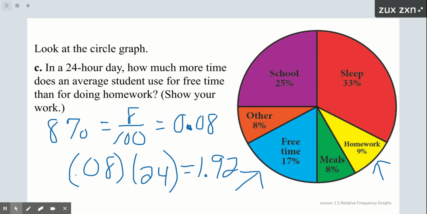Let's erase this. Whoops. So 1.92 hours. And feel free to type your 0.08 times 24 into a calculator to make sure that you are calculating right. That's fine.